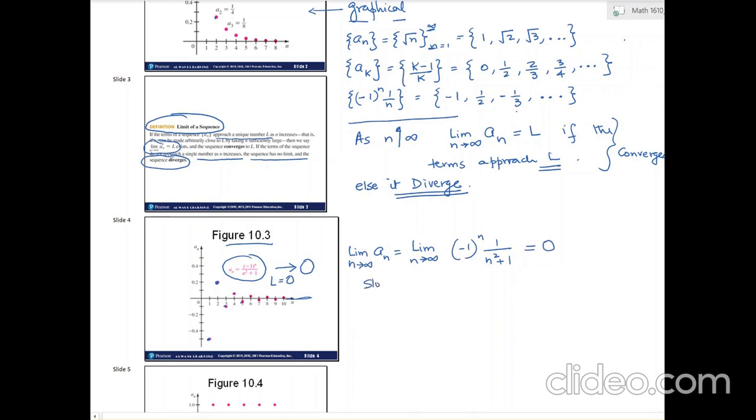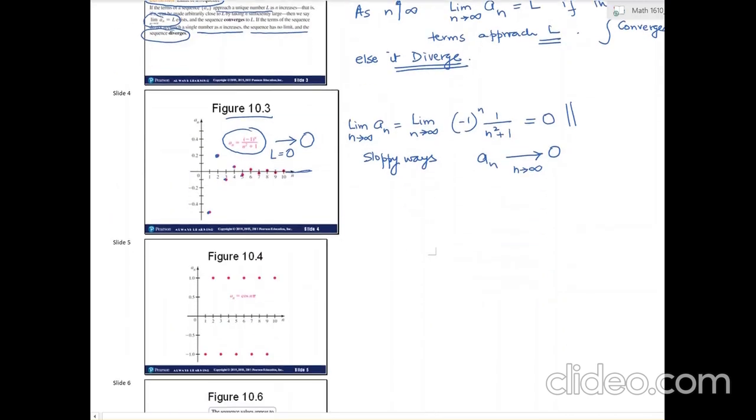A sloppy way of writing the same thing is that an approaches 0 as n goes to infinity, but this is a more precise way of writing it.